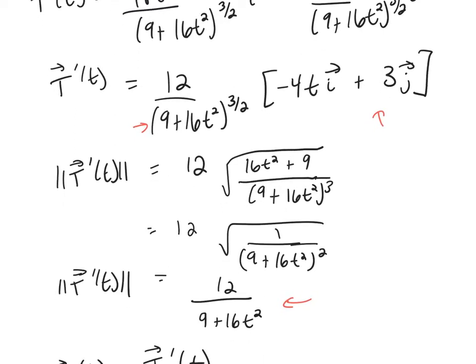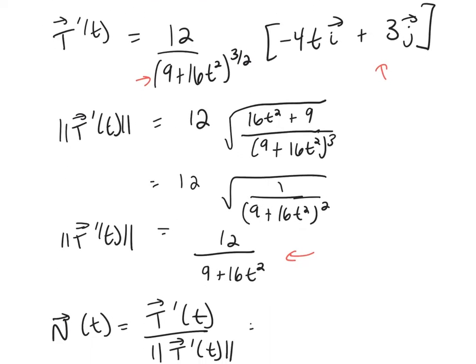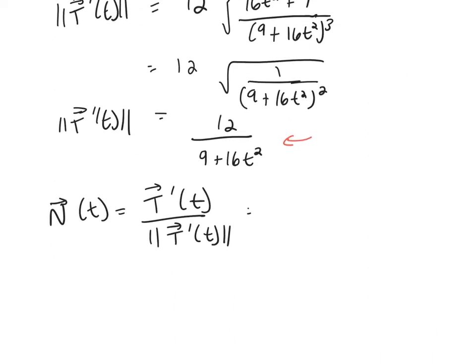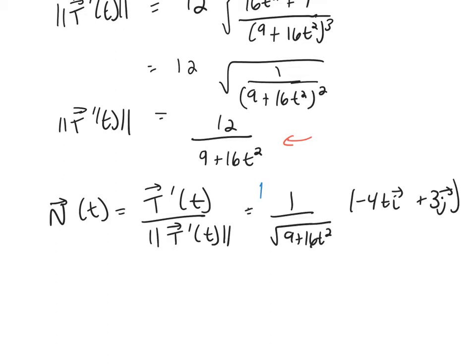So if I divide here, the 12s will cancel, and you'll be left with 1 over the square root of 9 plus 16t squared, times negative 4t i and 3j. And there's my vector N.